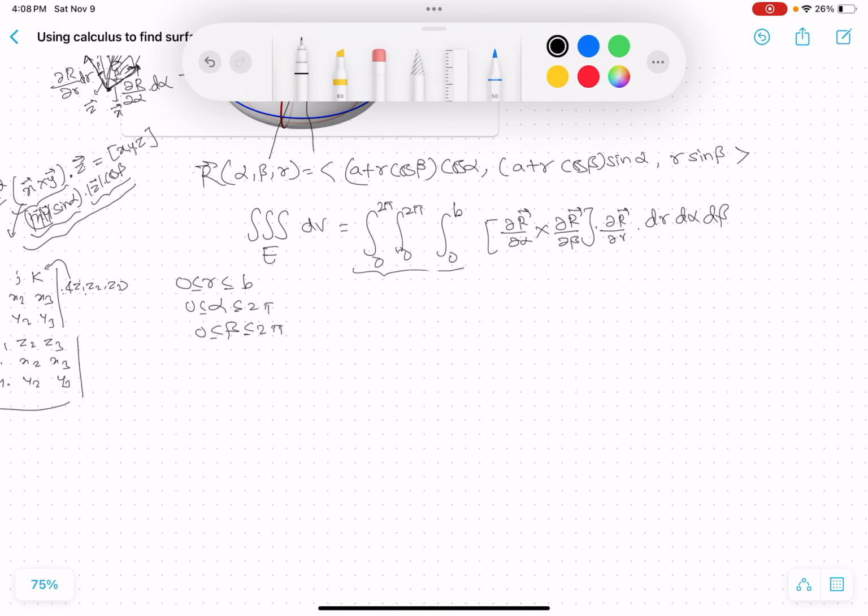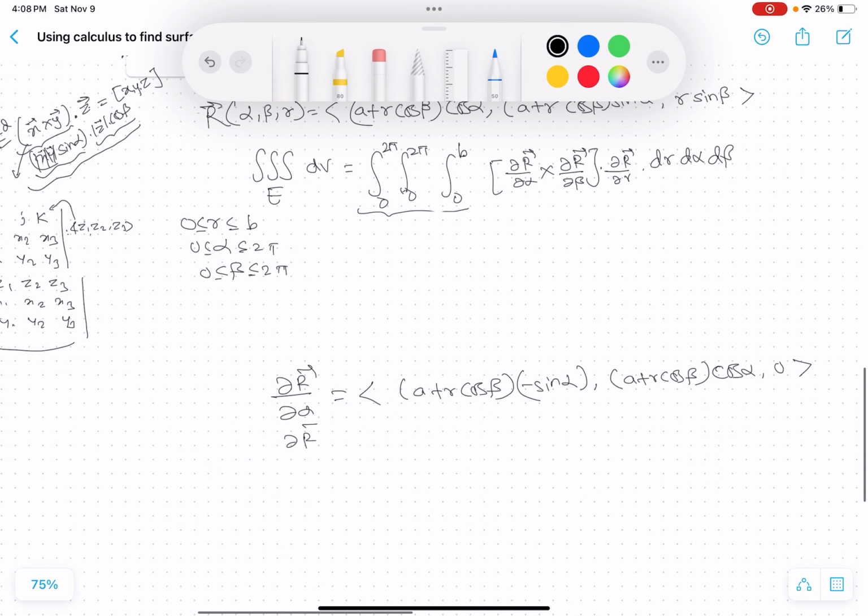dr divided by d alpha. This is just a plus r cos beta times minus sine alpha, a plus r cos beta cos alpha, times 0, right? This with respect to beta, actually we have already found this in the previous section as well. So yeah, I guess you have the idea now.